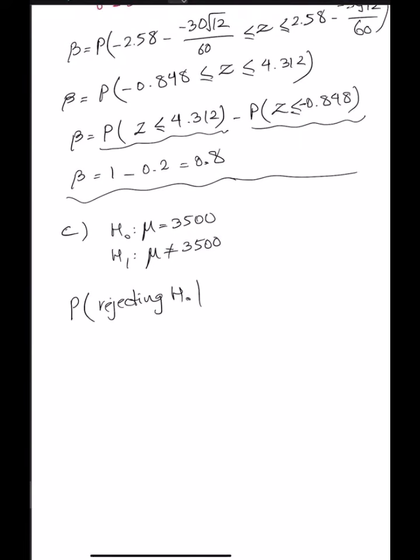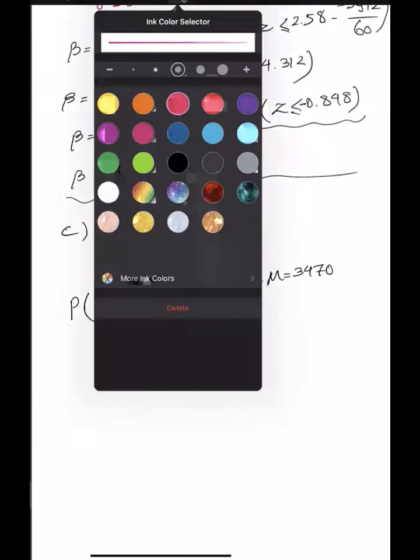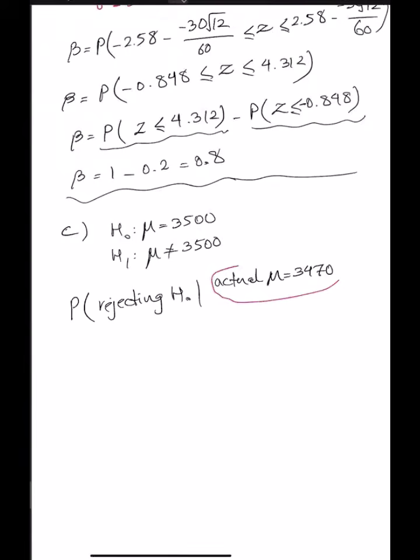So if basically the actual mu is 3470, in other words, this means the null hypothesis is not correct. What we have in the null hypothesis here is not correct. So we want this probability to be 0.8.